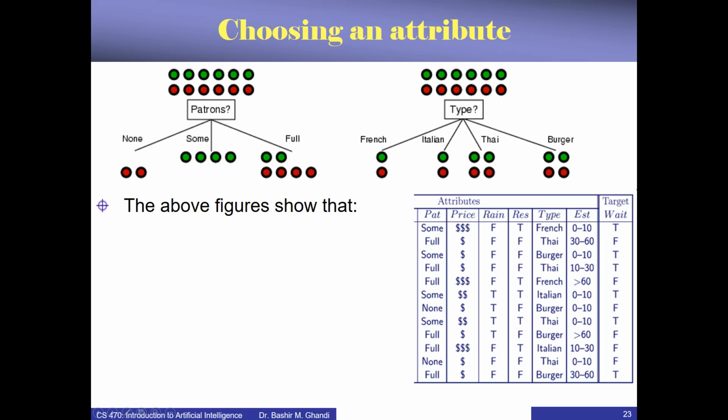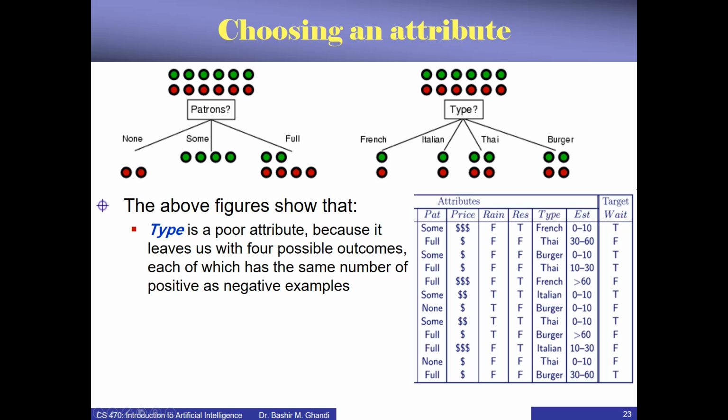This is the idea. Let's go through the points I have on the slide. The above figures show that type is a very poor attribute, because it leaves us with four possible outcomes, each of which has the same number of positive and negative examples.